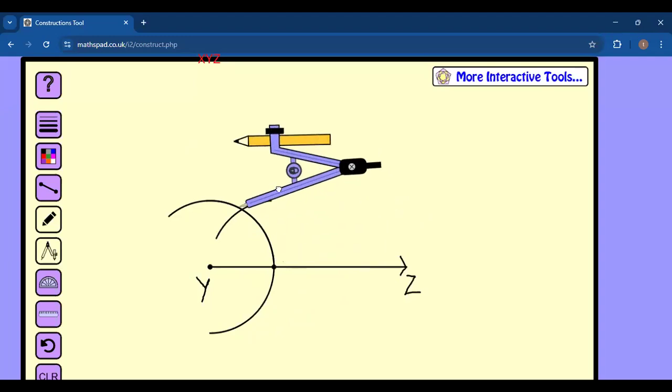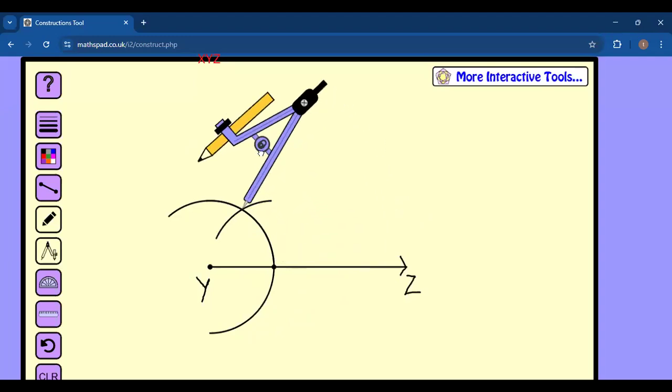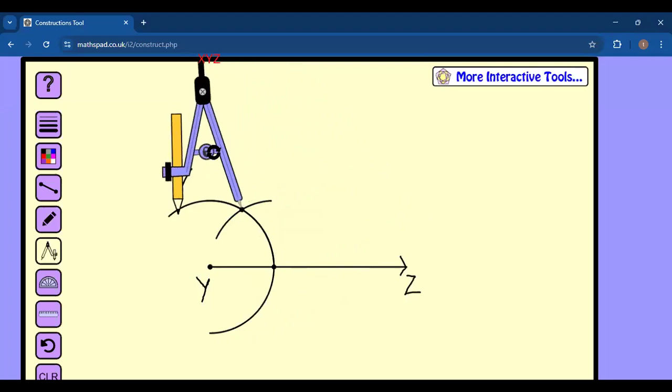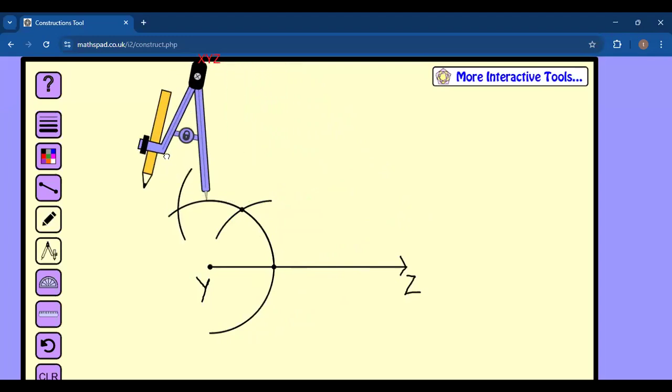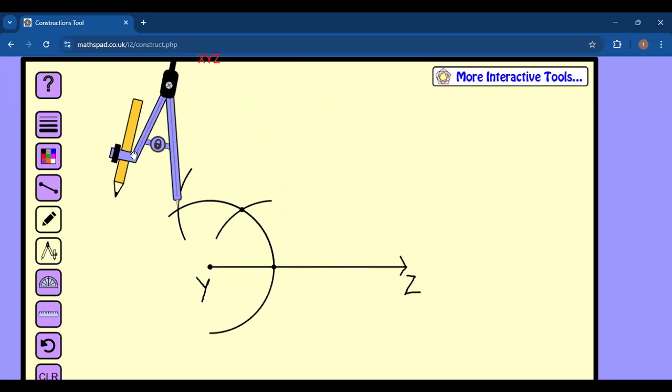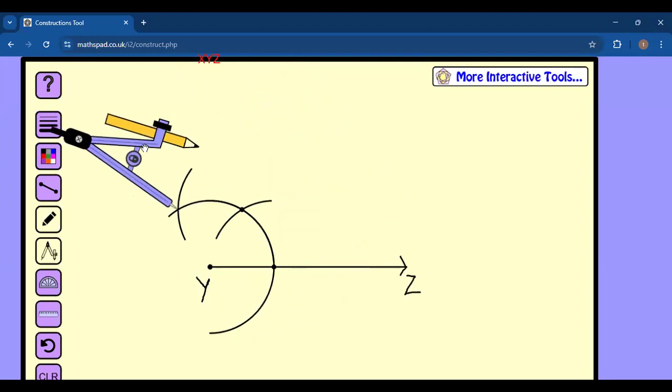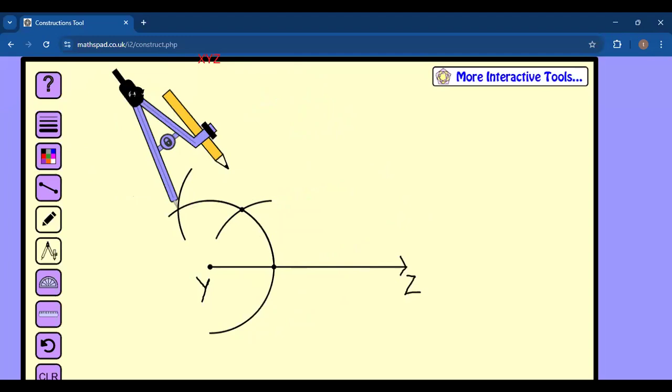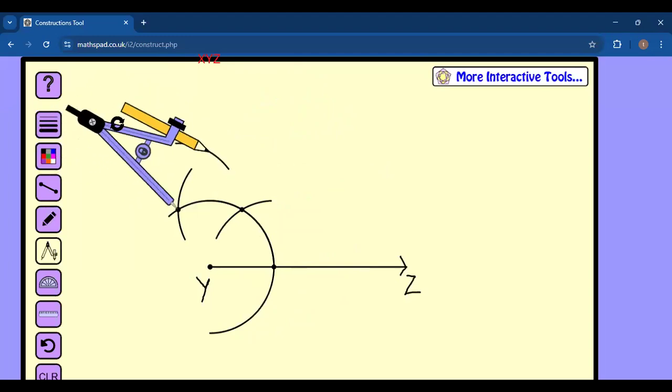We're gonna come up here, right? Take our arc and draw it like that. We're gonna come here, take our arc and draw it like this.